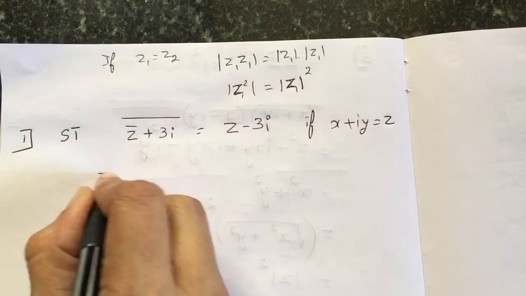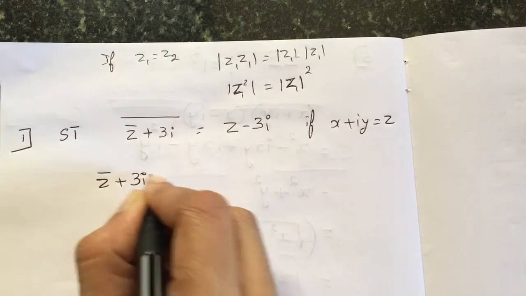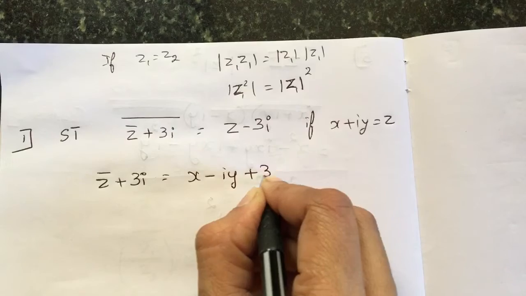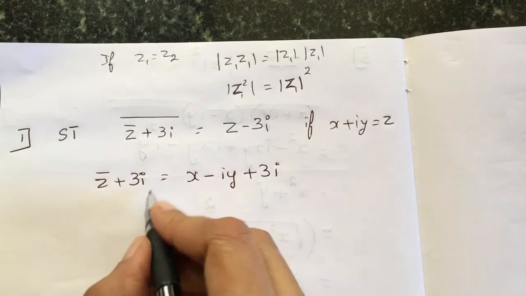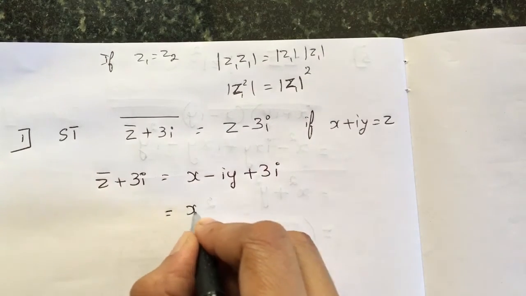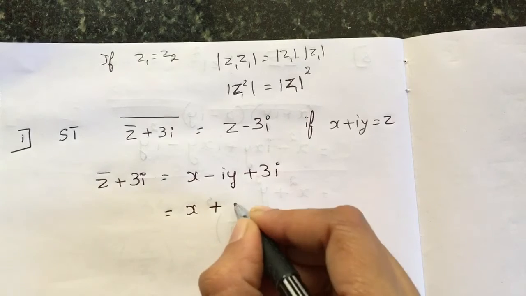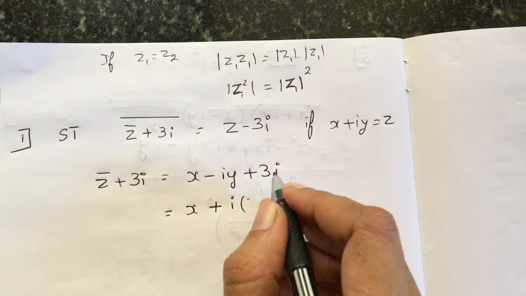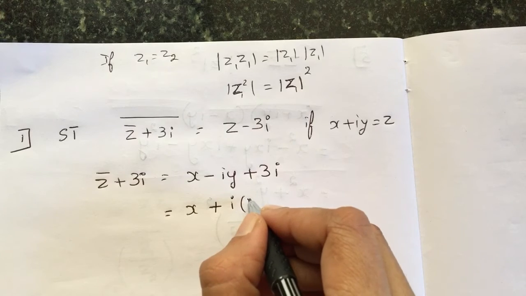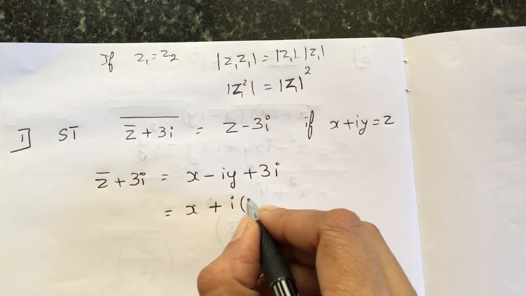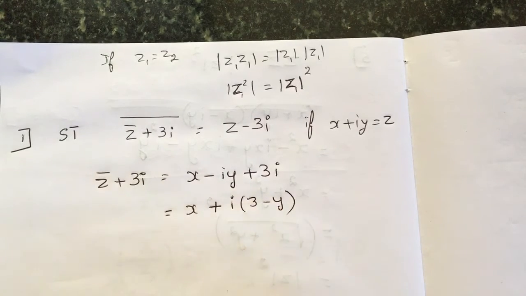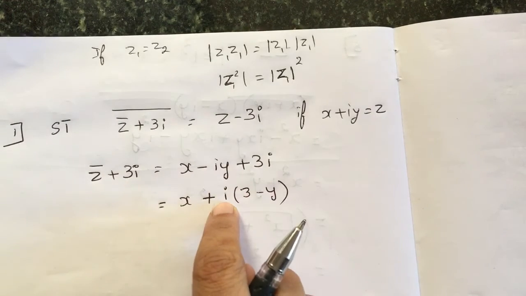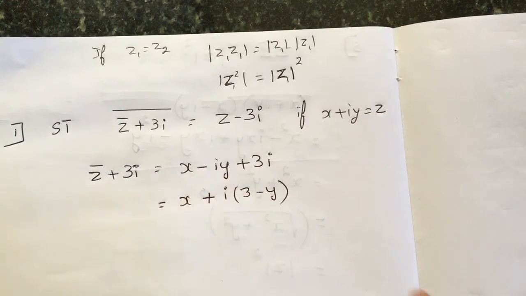Okay, z bar plus 3i is x minus iy plus 3i, right? So x plus i into 3 minus y.